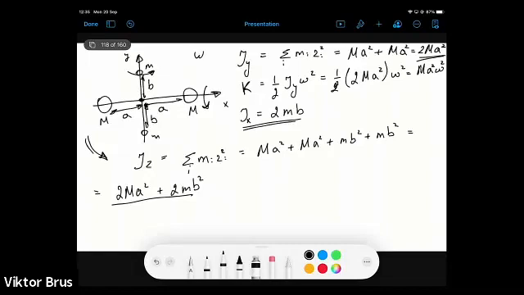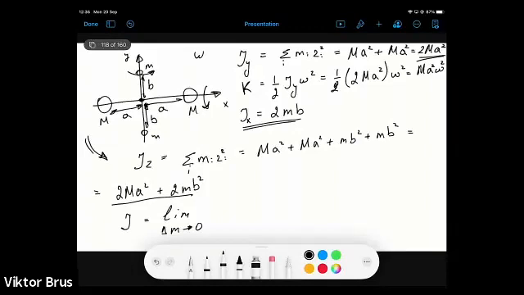So this was an example for the case with a system of many bodies. However, we may usually also deal with some continuous bodies. And in this case, we need to go for some limit, and moment of inertia in this case will be considered as follows. It will be some limit as delta m approaches 0.